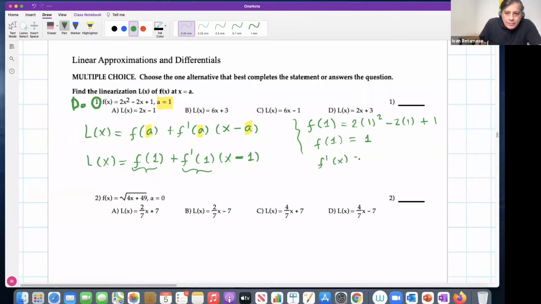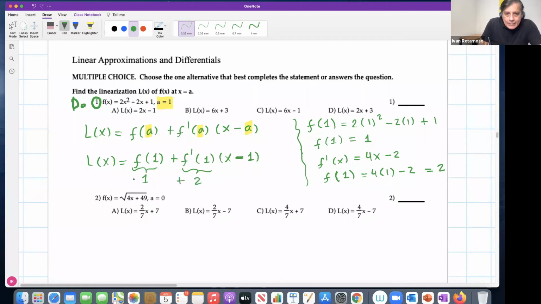The derivative of this polynomial function is just 2 coming down, multiplying 4x, 1 less on the top, minus the derivative of 2x, 2. But I want this derivative evaluated at 1. So this will be 4 times 1 minus 2. 4 times 1 is 4, minus 2 is just 2. So this one is 1, this is 2.